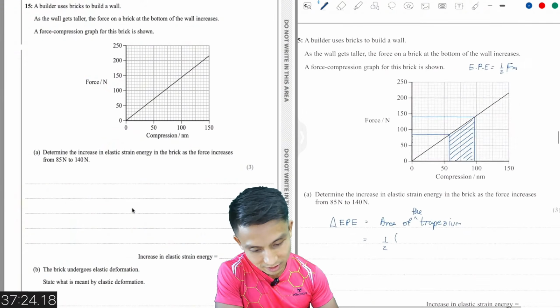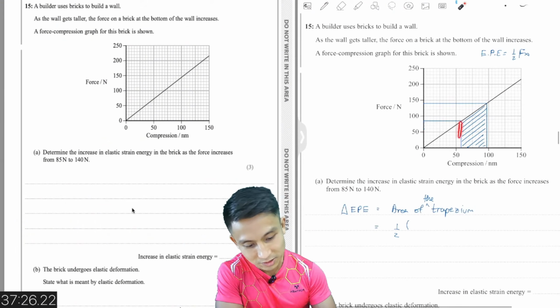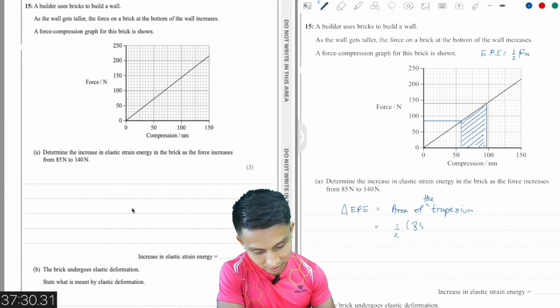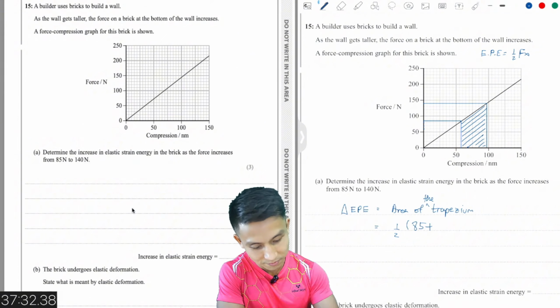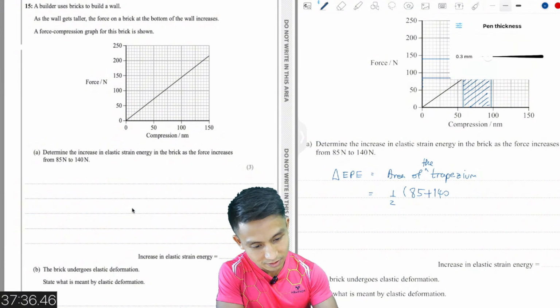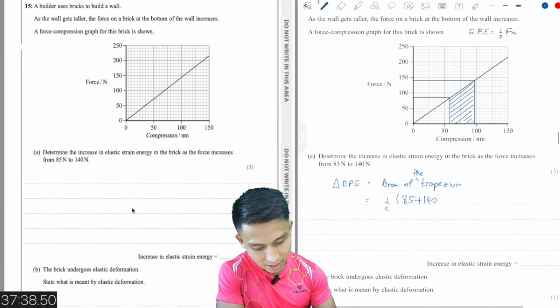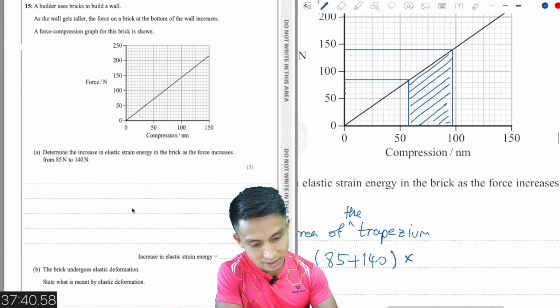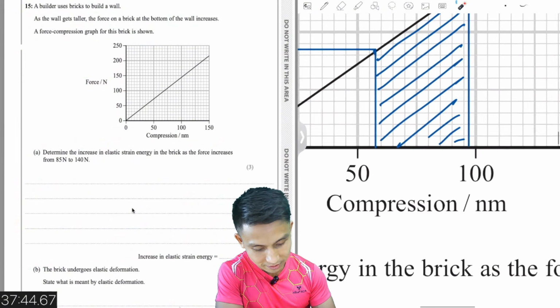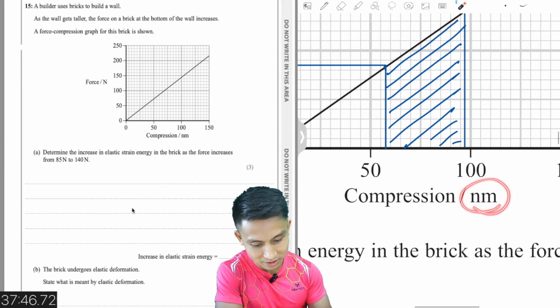The two parallel sides would be easy because they tell us that it's from 85 to 140, so we just add them up, right? And then just increase the thickness, and then we multiply that by the change in the compression here, and be careful, it's nanometer.